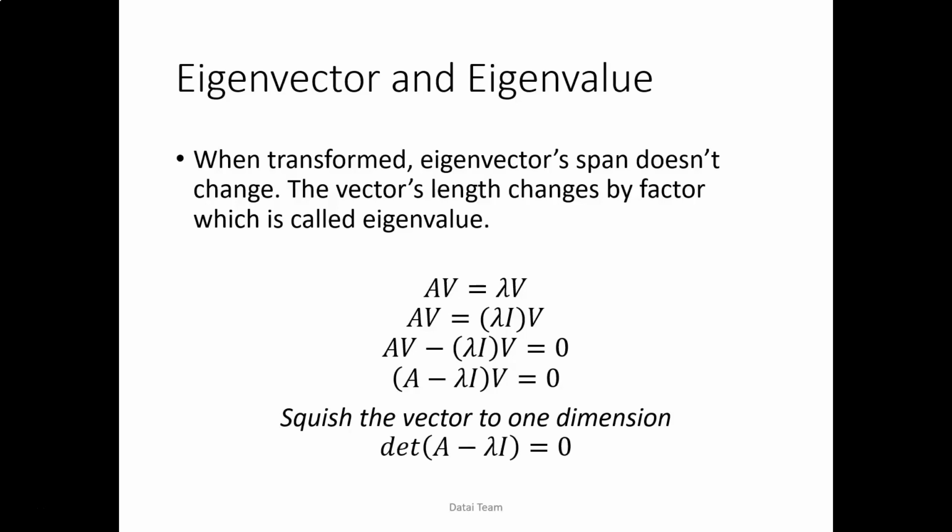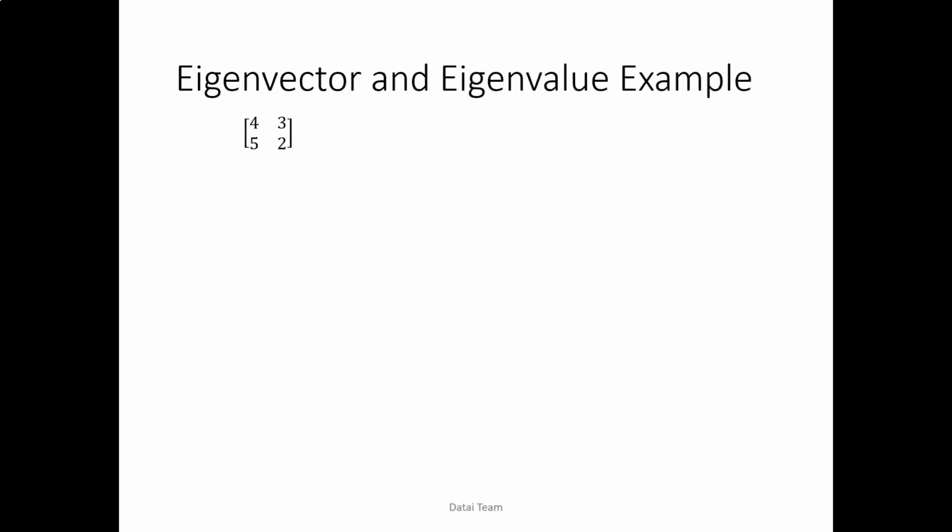And now the determinant of the matrix A minus lambda I is equal to 0. And we know how to find the determinant, so we can use that to find our eigenvalues and then the eigenvectors.